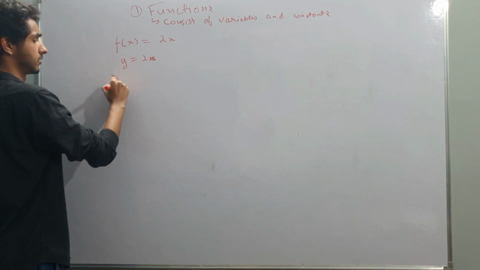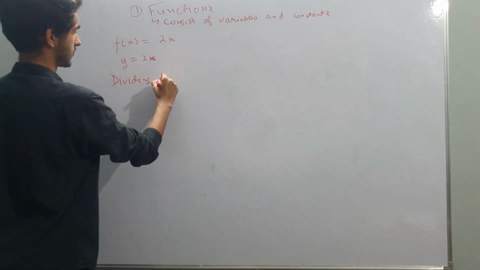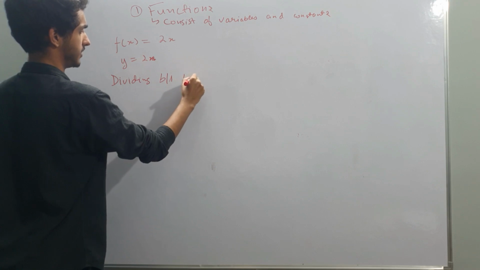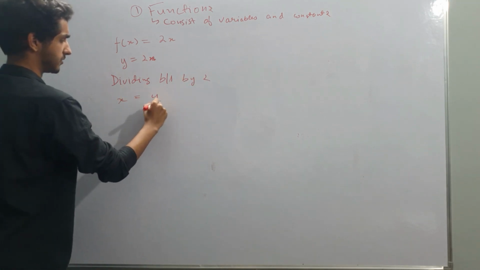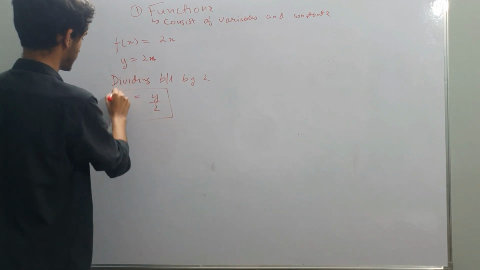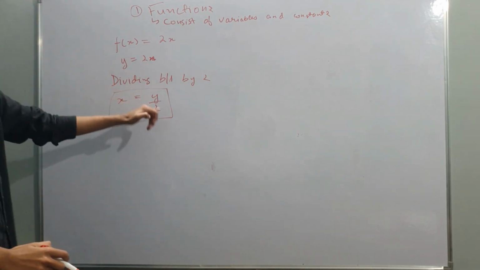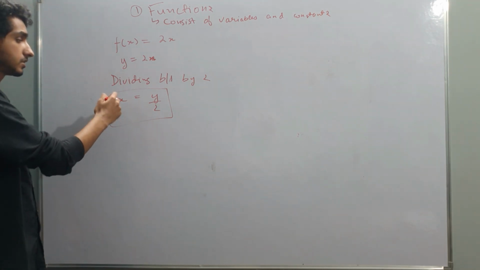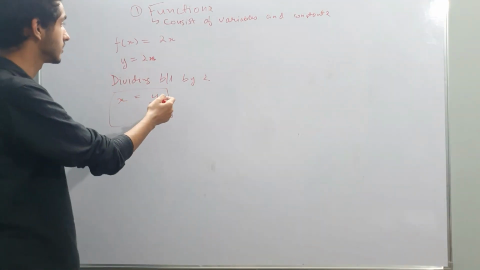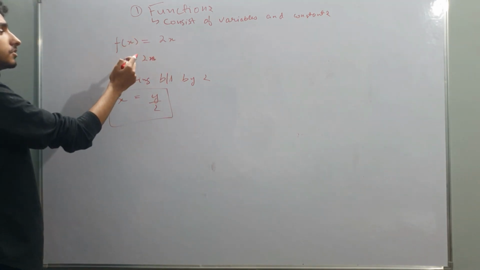We can do dividing both sides by 2. We get x is equal to y by 2. So here you can see that the value of x is now dependent on the value of y. And if you do the graph plotting for this specific function in which x is dependent on the value of y, it would be the same as the graph of this function where y is equal to 2x.